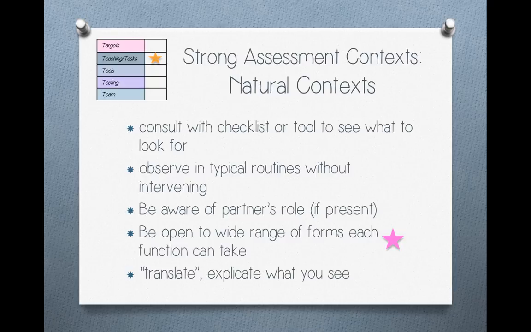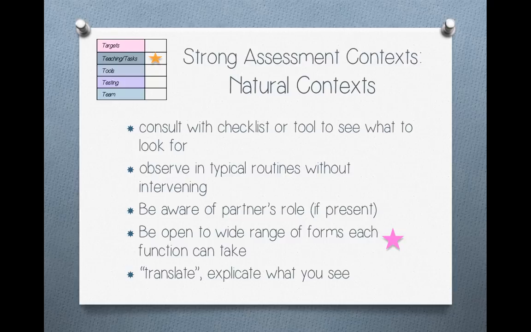Think about the range of things you might look for, what functions, and look at the checklists and assessment tools on the resource handout. You're going to be doing some informal observation, but also referencing this checklist or tool so that it guides your observation.